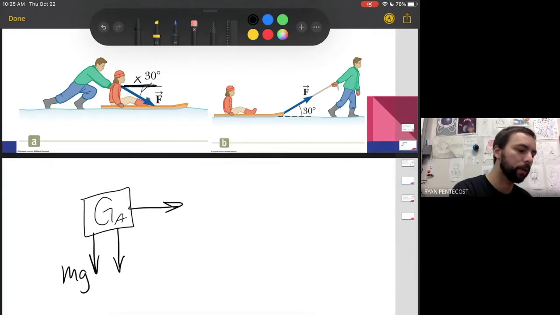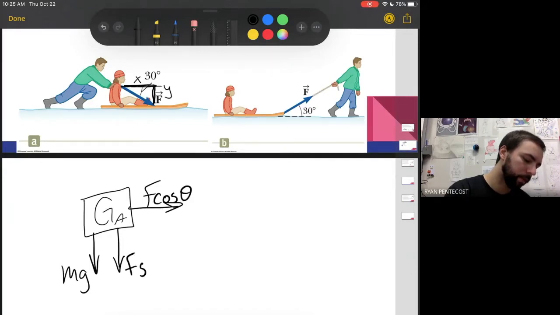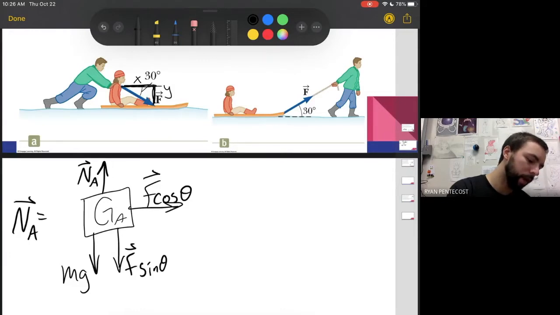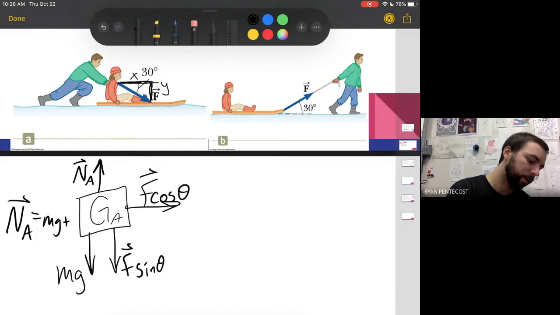That would be the x, and then the sine would be the y. So we could say that this is F cosine theta, and this would be F sine theta. Then the normal force in this scenario, let's say normal force A, needs to equal mg plus F sine theta.